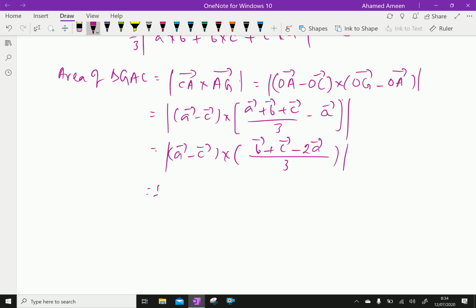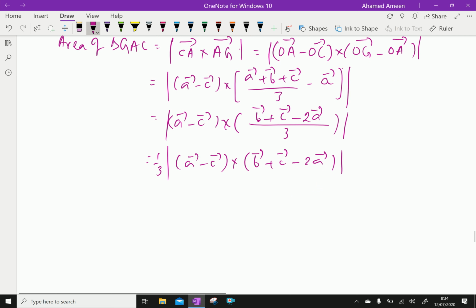Now 1/3 you can write (A minus C) cross (B plus C minus 2A).